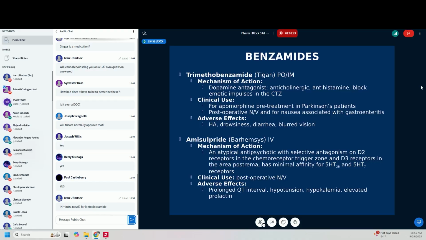But just understand that the prolactin levels can change, and we'll talk about that more when we start talking about some of our other disease states like Parkinson's. So antagonistic to our D2 and D3 receptors, here you see that we don't have a lot of affinity for those serotonin receptors, so it's not as much. And then, yes, intranasal for that IN question.